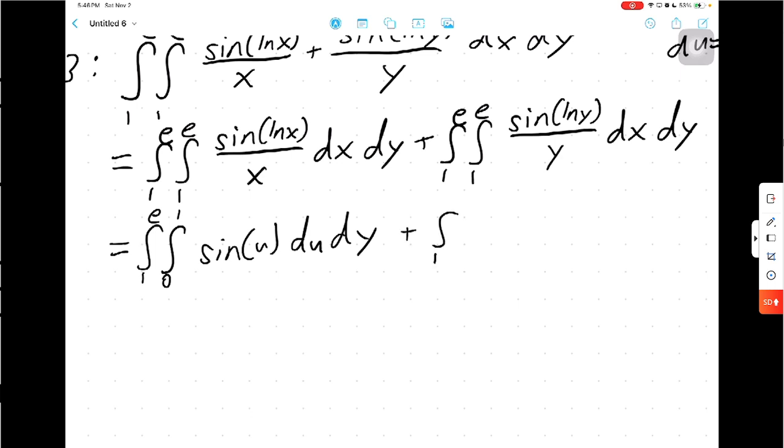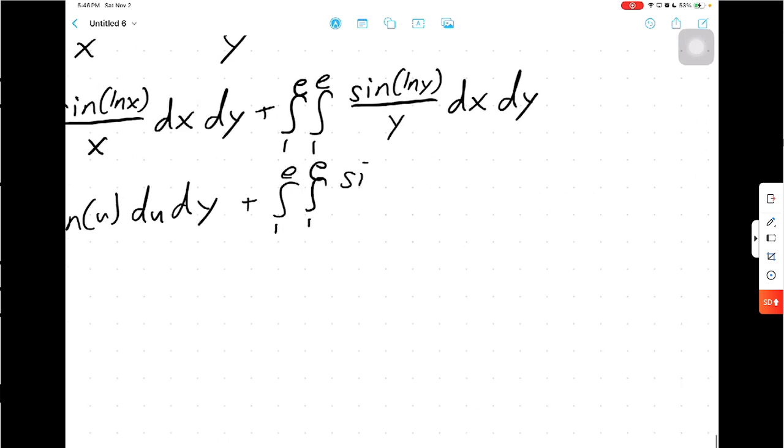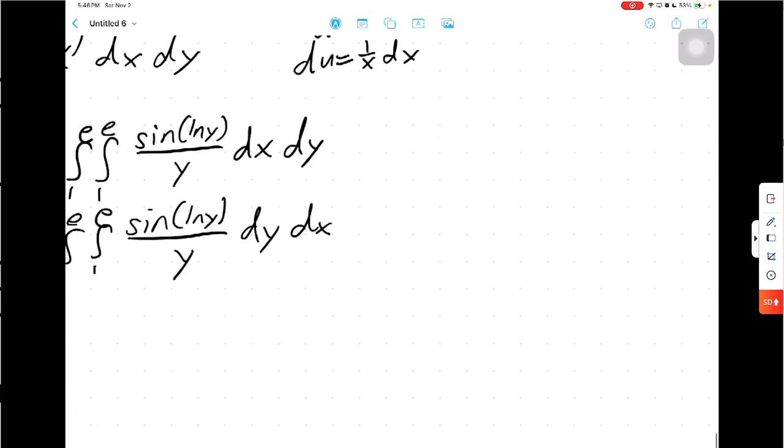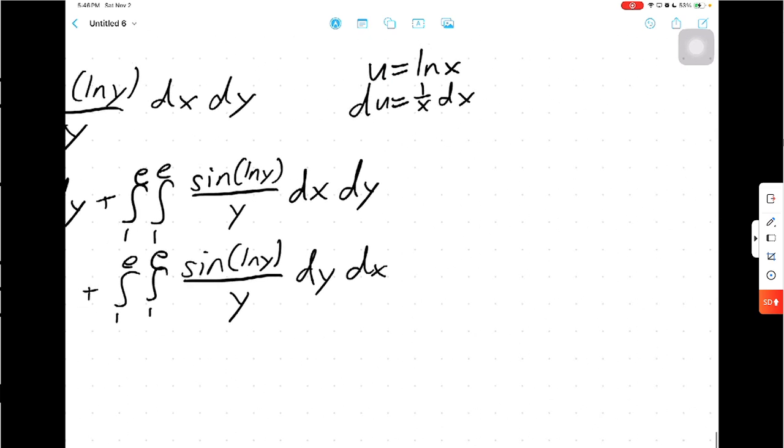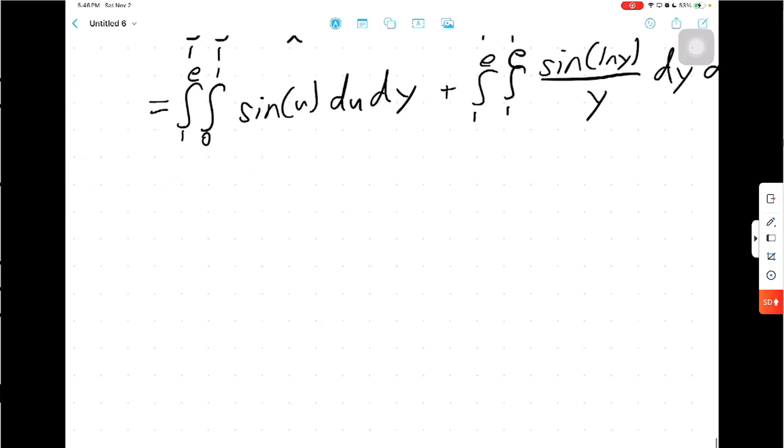And here I'm going to do a swap, so that we have the dy instead of the dx. Because I want to get the u sub in before the x messes anything up. V is equal to ln y, dv is equal to 1 over y dy. This integral is just negative cosine of u from 0 to 1.